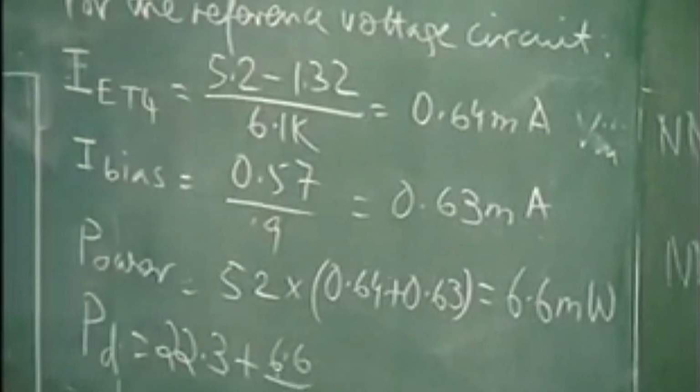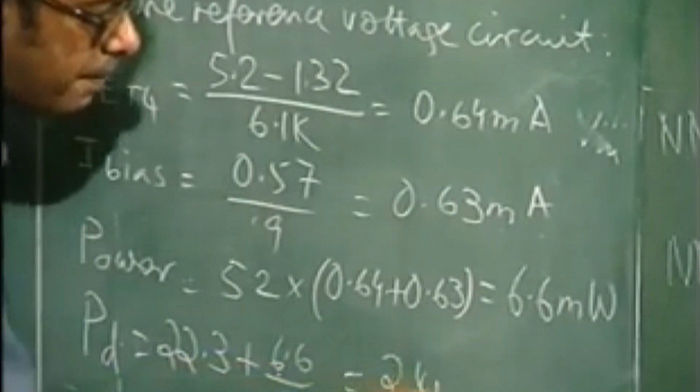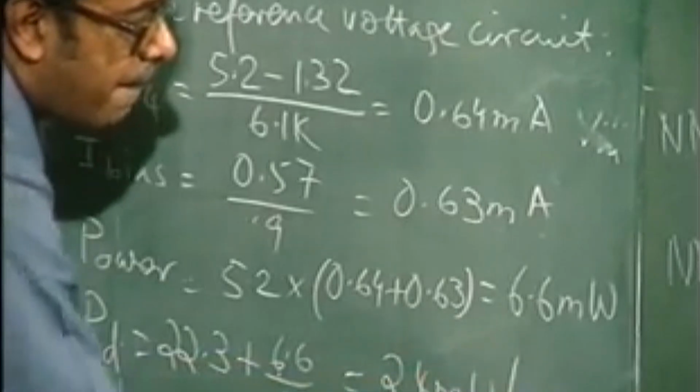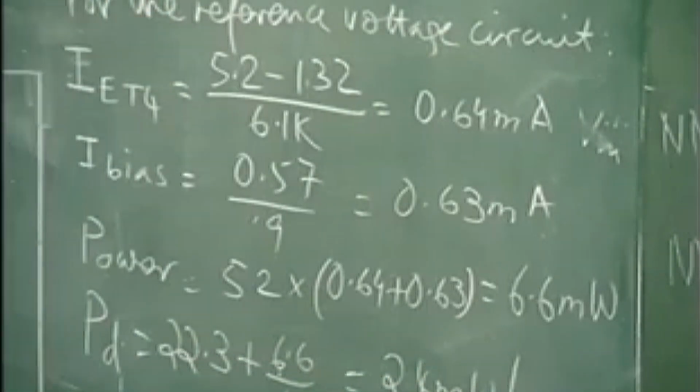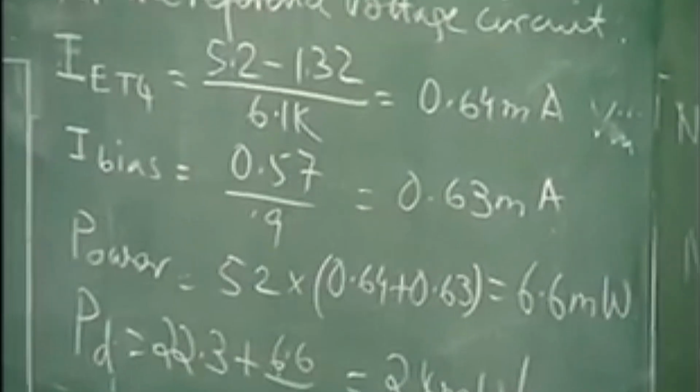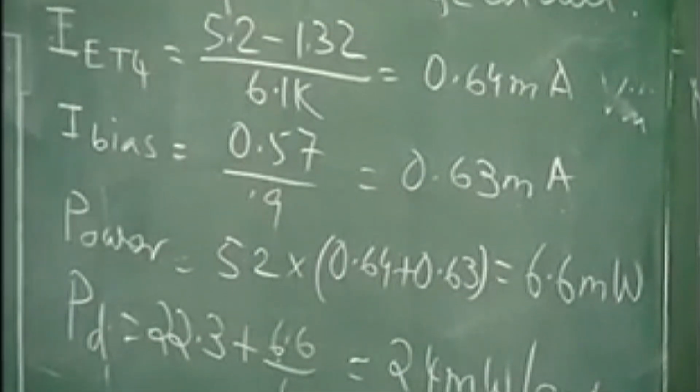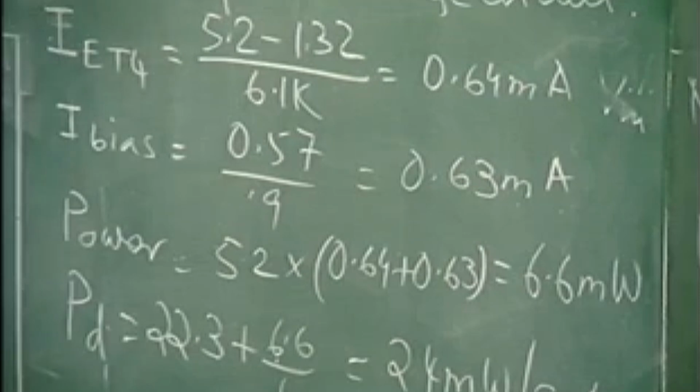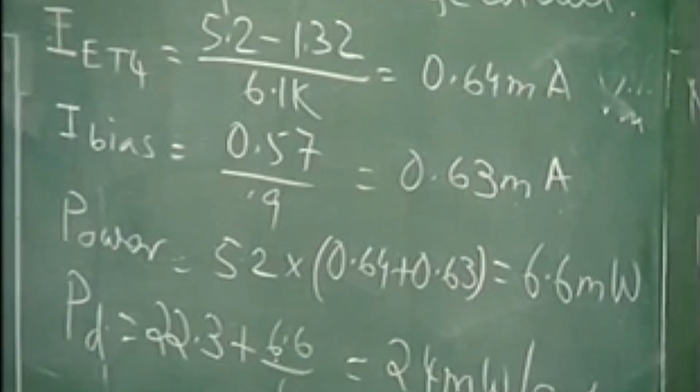So, this works out to 24 milliwatts per gate. And this is the power dissipation per gate, which is rather high, as you can see.